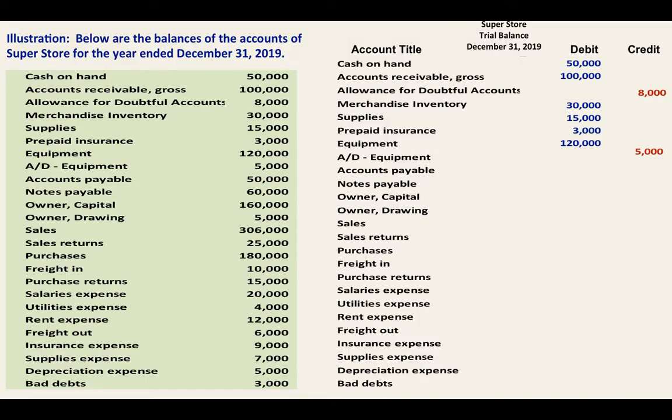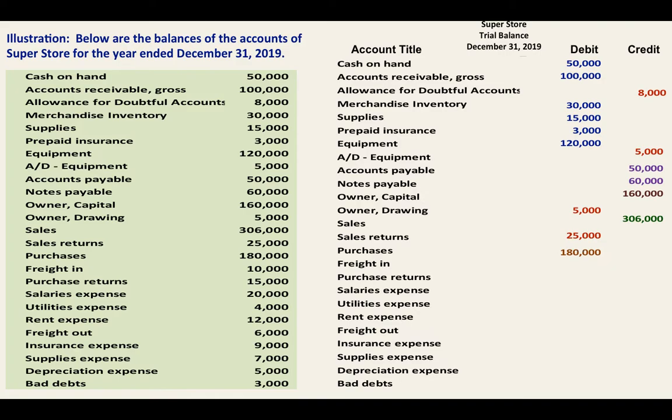Accounts payable, because it's a liability, is credit. Notes payable, a liability account, is credit. Owner's capital is credit. And then owner's drawing, a contra account of capital, is debit. Sales, it's a revenue, so it's credit. Sales returns, a contra account of sales, is debit. Purchases is debit.